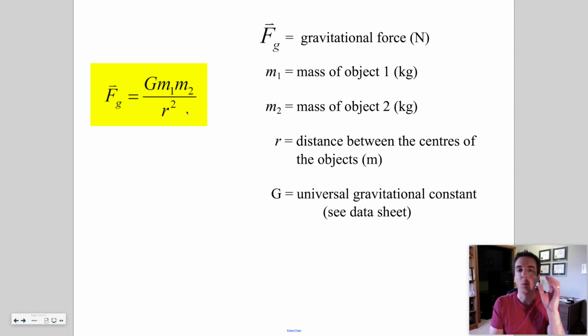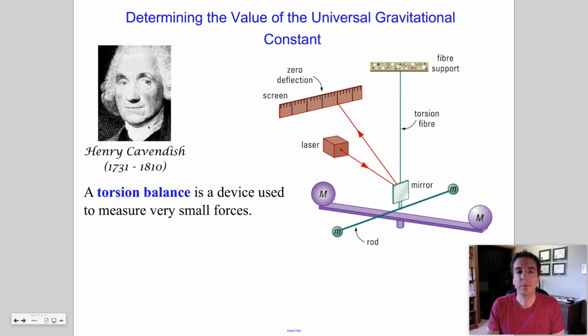So if we have a 1 kilogram mass and a 1 kilogram mass separated by a distance of 1 meter, if everything in this formula is 1, 1, and 1, and this gravitational constant is 6.67 times 10 to the negative 11, that is a very, very, very small force and something that we can't even measure. But how do we know that that number is 6.67 times 10 to the negative 11?